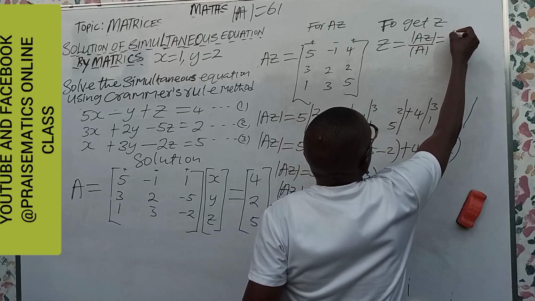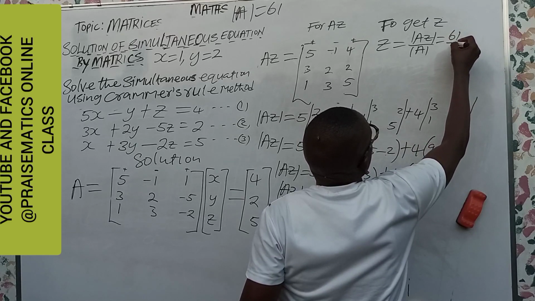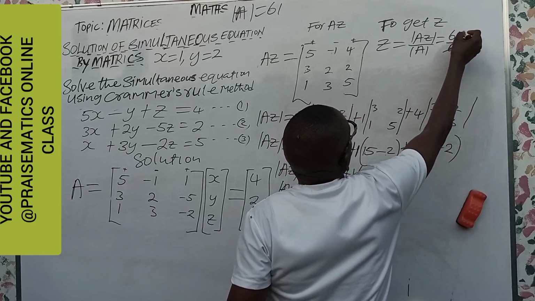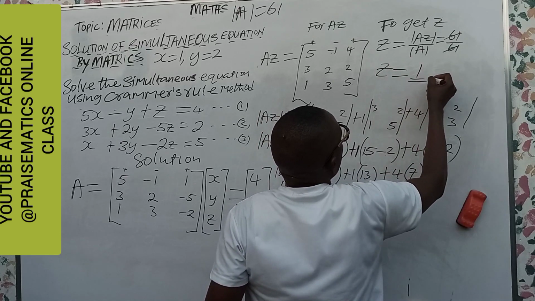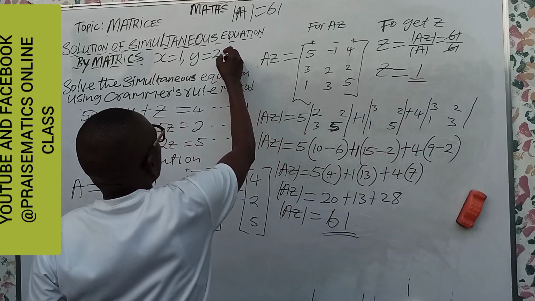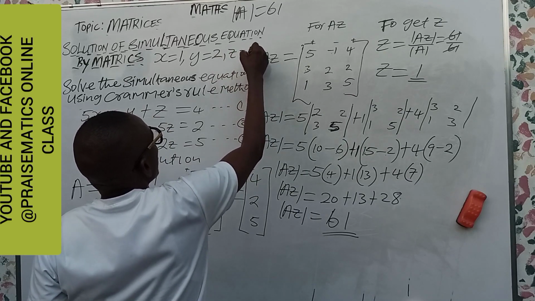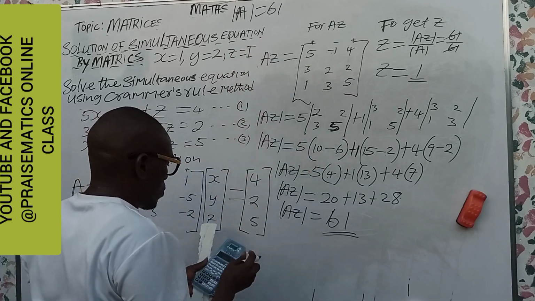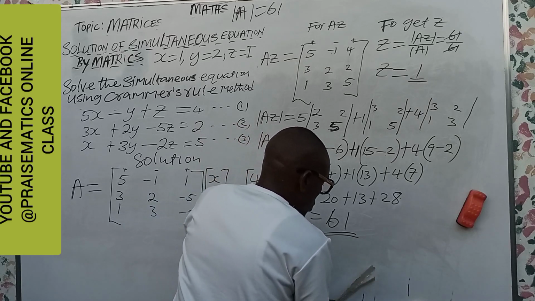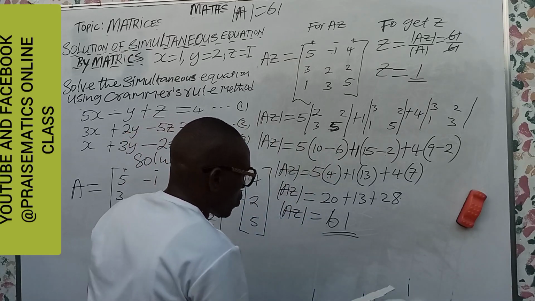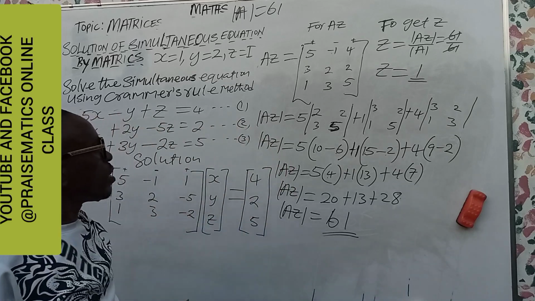That is 61 over 61, which will cancel. So z is equal to 1. Yes, we have that z is equal to 1. So that is how to do it. Okay, that is the end of the solution.